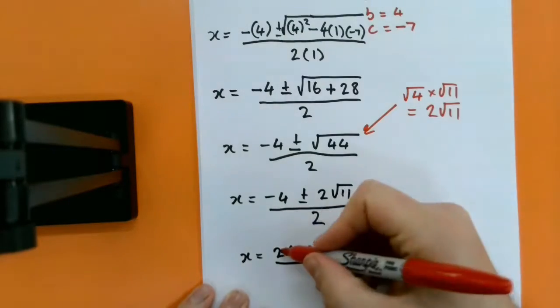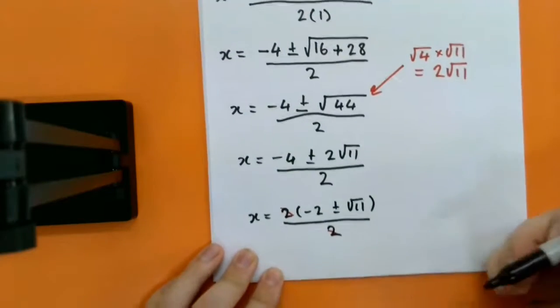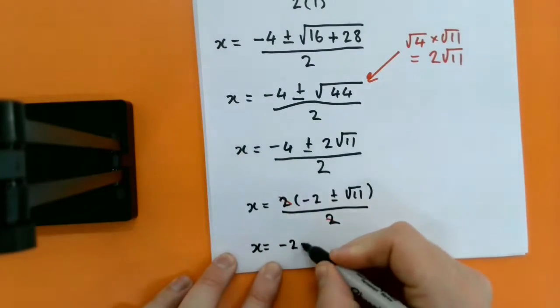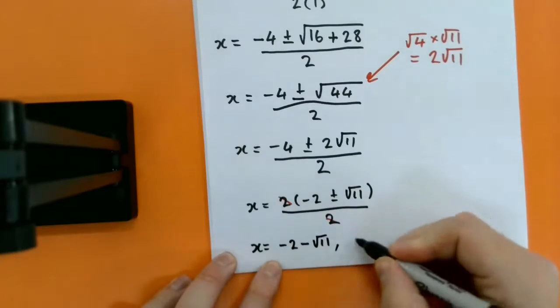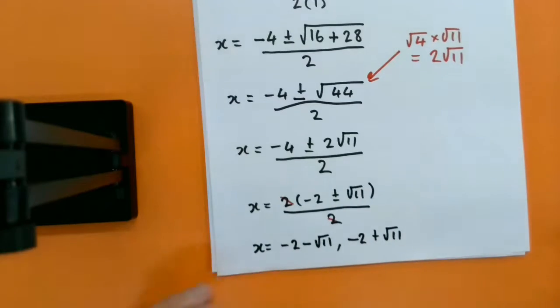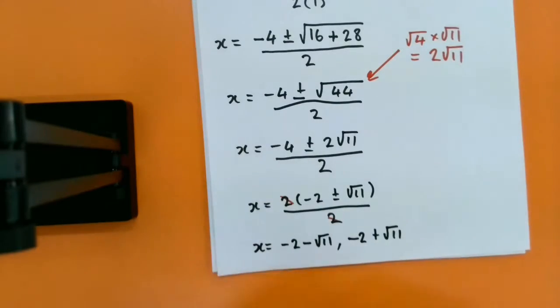We have a 2 on the top and a 2 on the bottom. They will cancel, giving us our answer: x is equal to minus 2 minus root 11 and minus 2 plus root 11. And that is the answer to this quadratic equation. When we're using the formula, all we're really doing is substituting and tidying up. It's probably one of the easier ways to do it in comparison to completing the square.